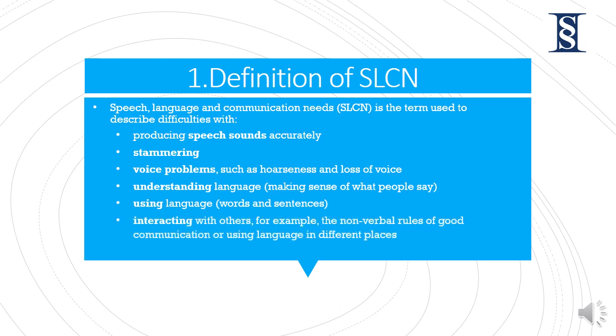It's also when interacting with others, being able or not being able to read the rules of good communication, or where language is limited and it's not able to be used in different places.